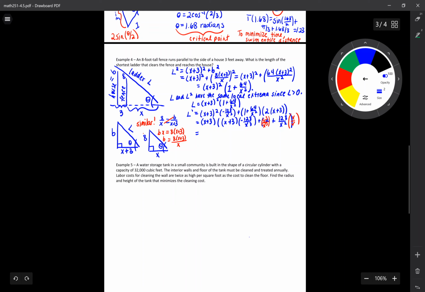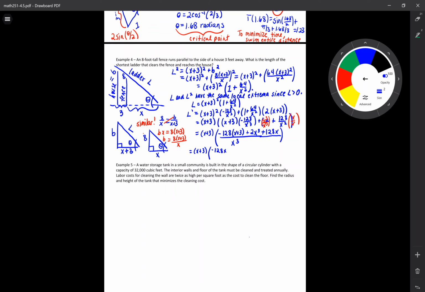All right, so we still have this x plus 3, and then I have negative 128 times x plus 3, all over x cubed now, plus 2x cubed plus 128x. Okay, so if I simplify this a little bit, I will get x plus 3 times negative 128x.